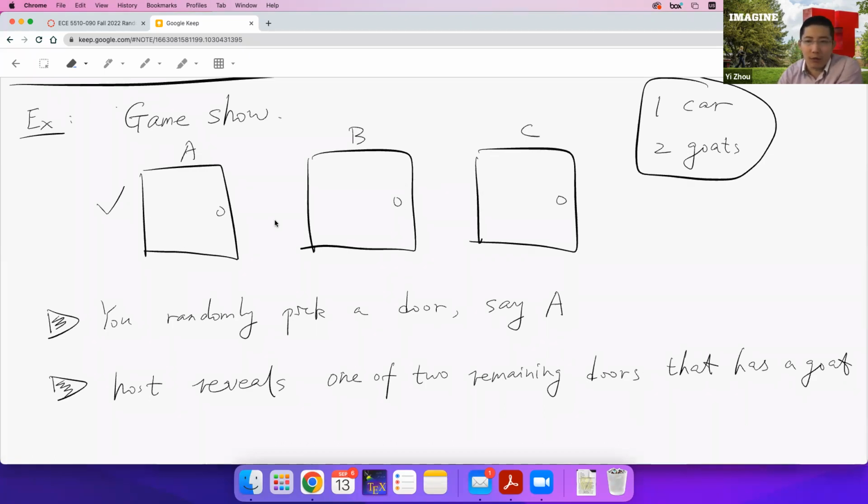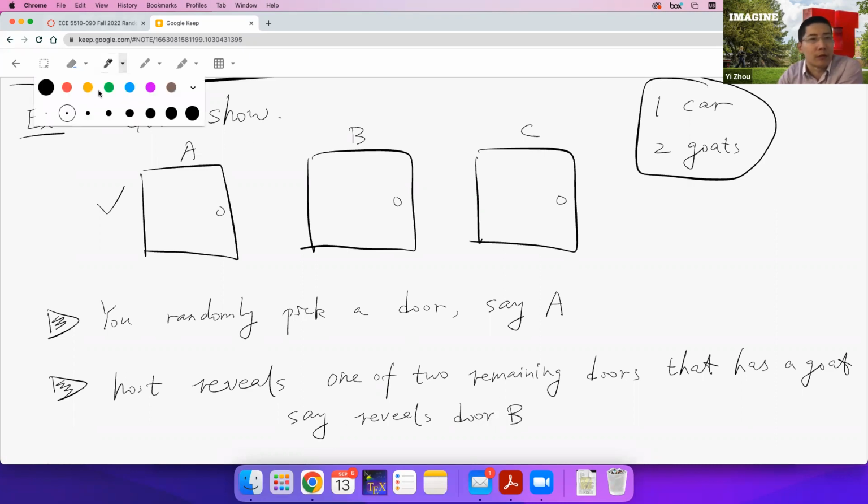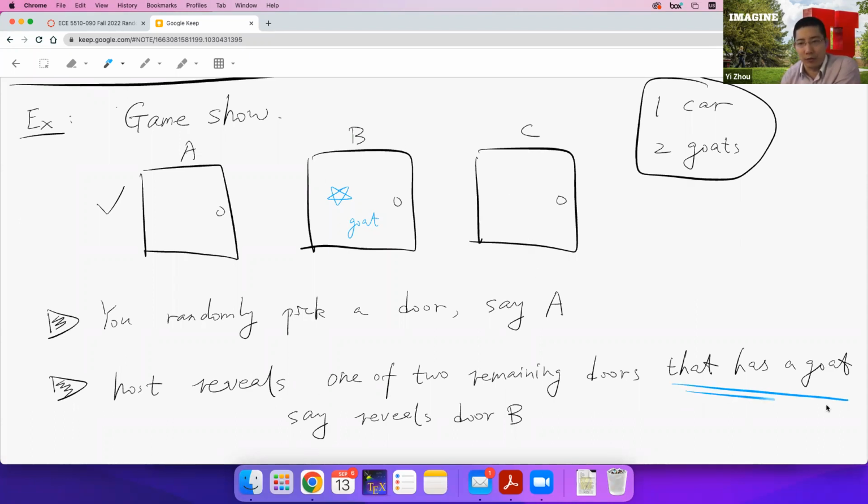Let's say the host reveals door B, and he shows you that there's a goat behind it. So the host reveals one of these two remaining doors that has a goat behind it.